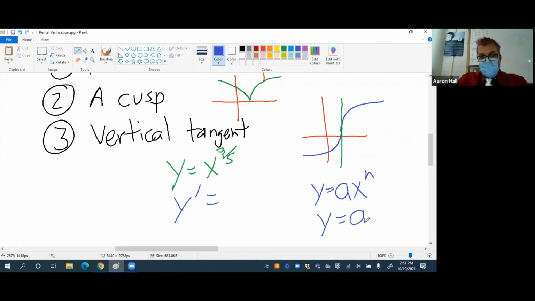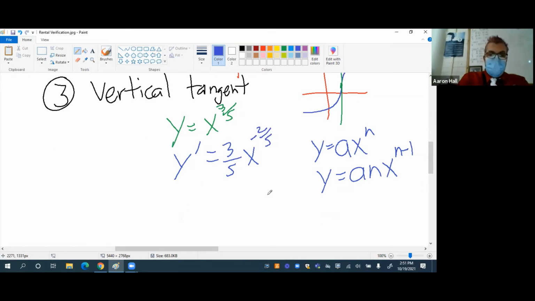A times n times x to the power of... Okay, let's use the power rule. Times x to the power of -2/5, yeah. And because it's negative, we'll move it to the denominator. So I have y prime equals 3/5 times x to the power of 2/5.